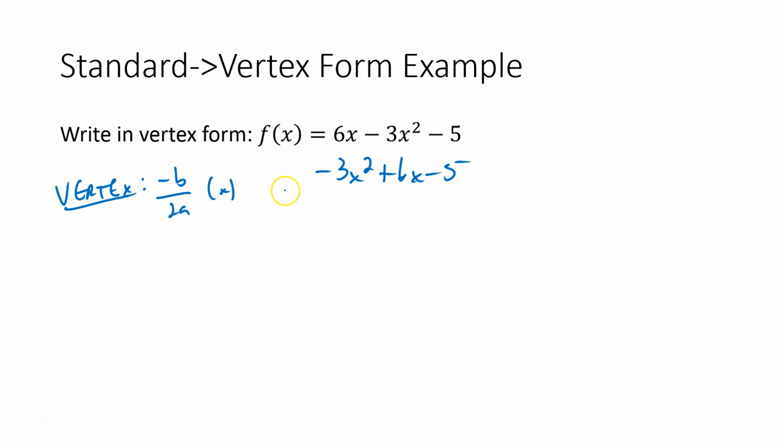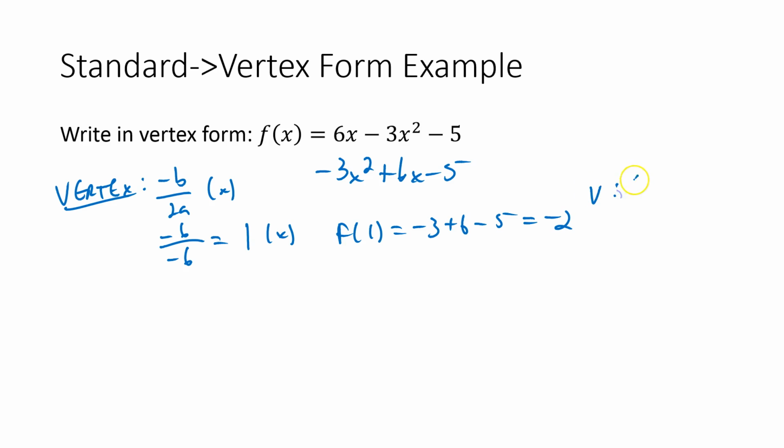Our negative b is going to be a negative 6 over 2a, which is negative 6 again. So negative b over 2a gives us a positive 1. That's our x-coordinate. Plug that back in to get our y. So our y is going to be f of 1, which is negative 3 plus 6 minus 5. So this is a positive 3 minus 5, which is negative 2. So our vertex is at (1, -2).